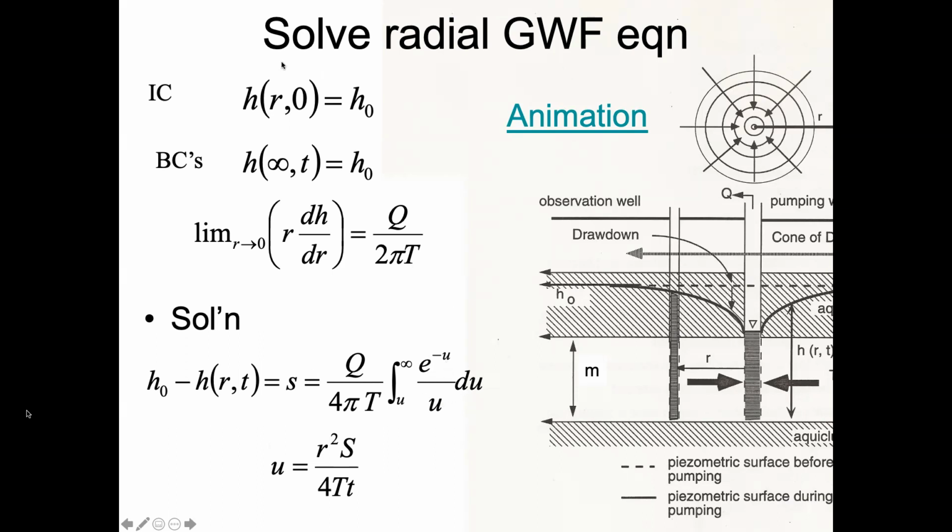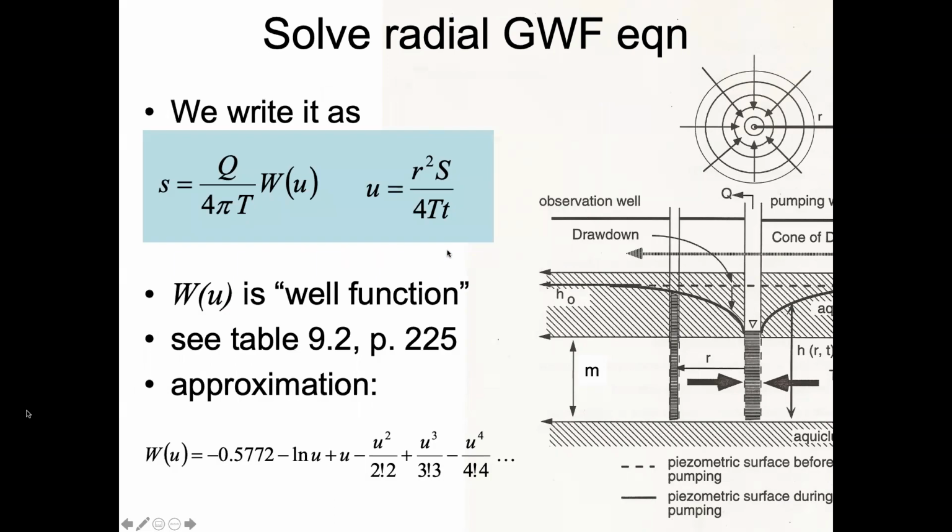Now, instead of making that solution and then adding them up all together over and over again, what we can do is instead we can use something that's called a well function. So we can say, okay, our drawdown is equal to our discharge divided by 4 pi times our transmissivity times this well function.